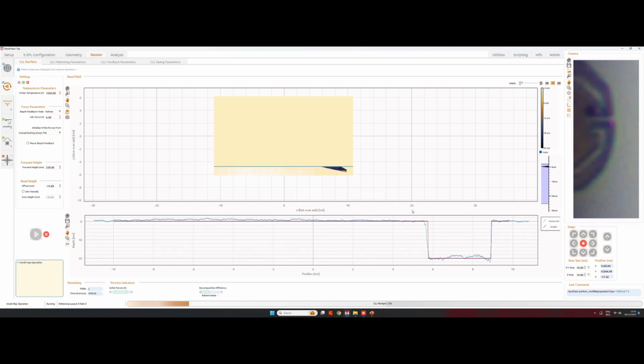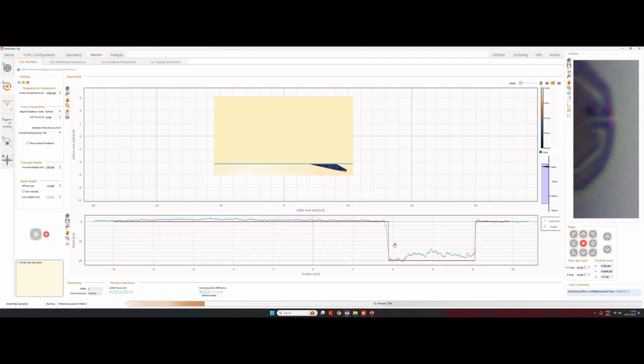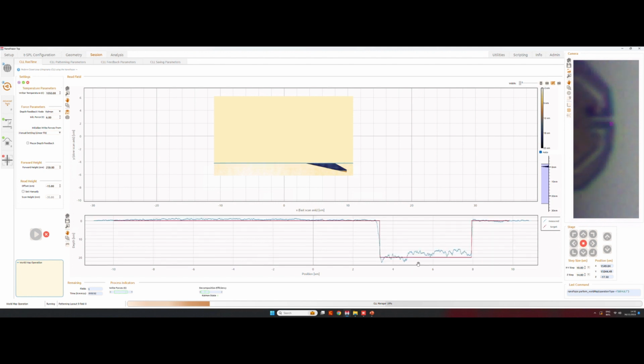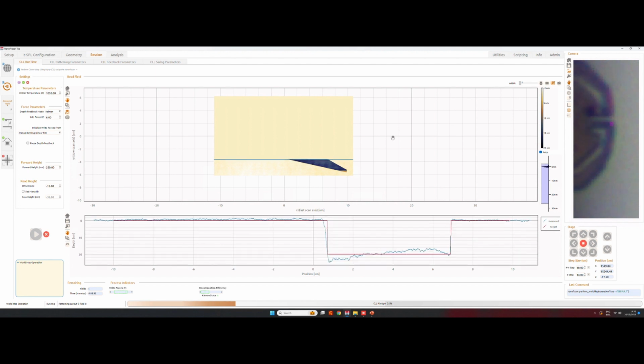And usually we see the bowing effect as more evident at the beginning of a step or at the end. Here it's not super clear. Here I would say it's a little bit more evident, this sort of bowing.